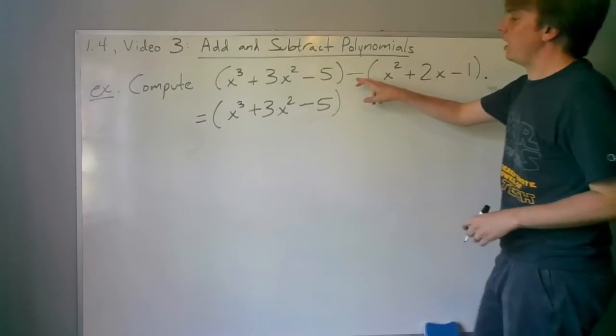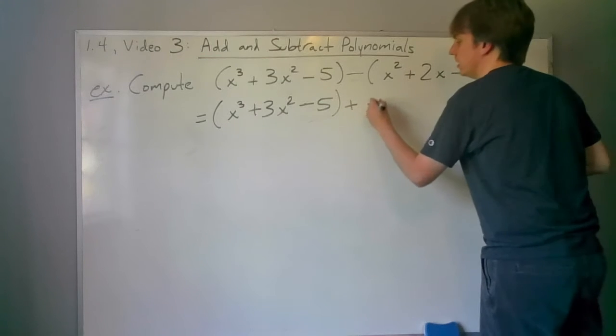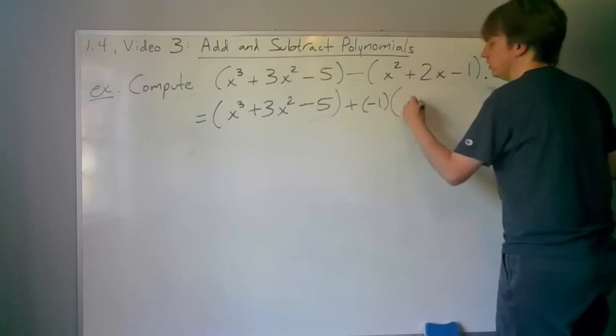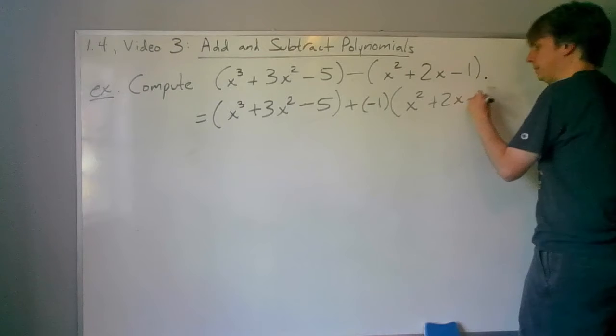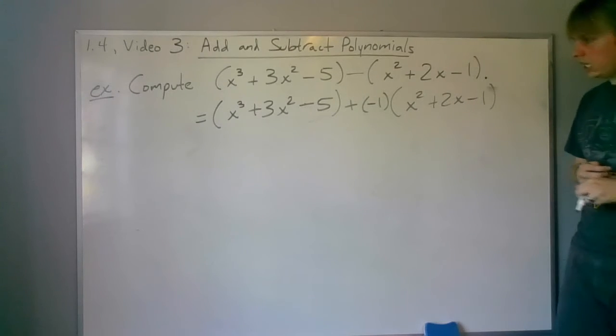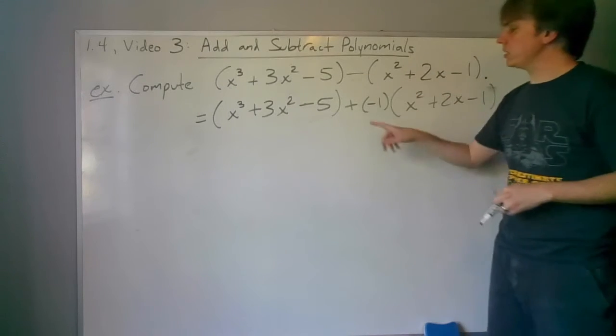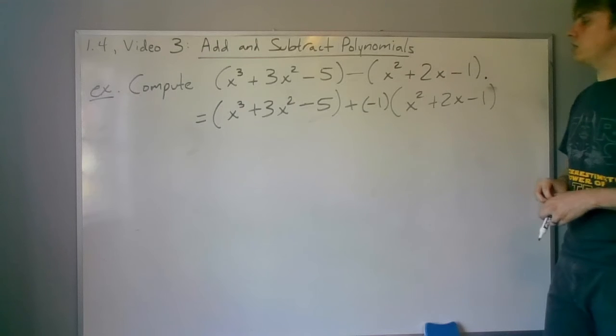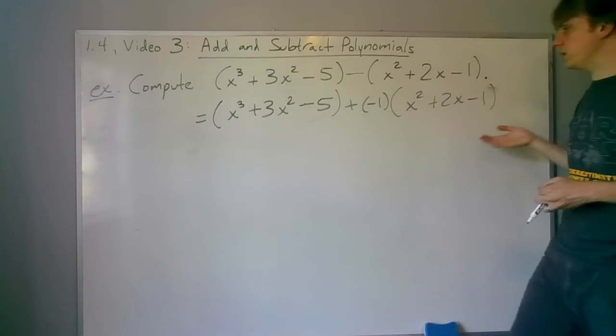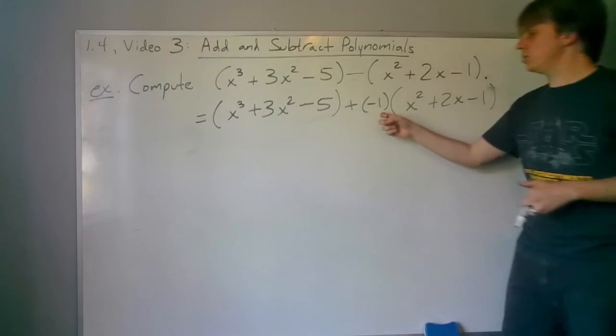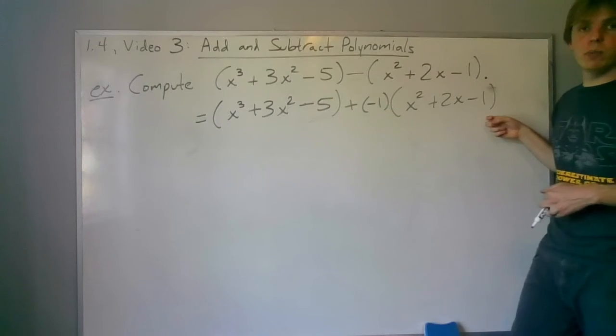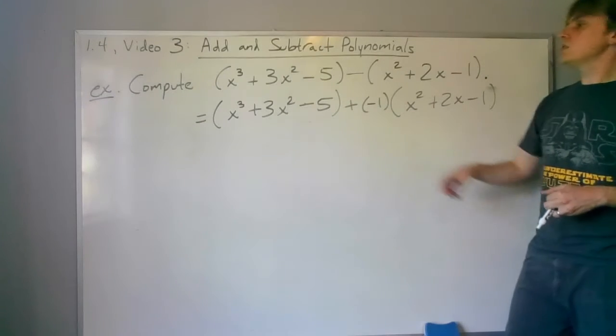Keep in mind the subtraction is the same as adding negative 1 times something. And I've intentionally written subtraction as adding a negative so that it's more clear. Order of operations would say you have to do the multiplication, you have to make this thing negative before you add it to the other one.